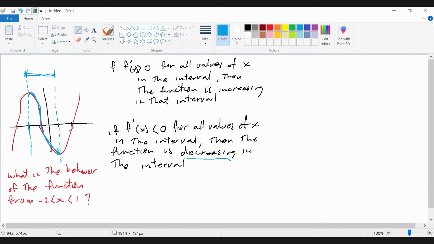Now, there's a disadvantage to this. What if the graph is not given? The function is given, but you cannot see the graph.